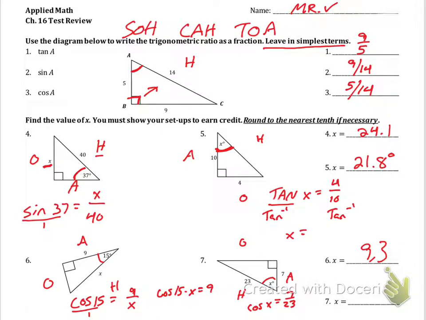Now all I need to do is get rid of the cosine on each side, so I'm going to do cosine -1. Shift cosine. So cosine to the -1, and then 7 divided by 23, and I'll get 72.3 degrees.